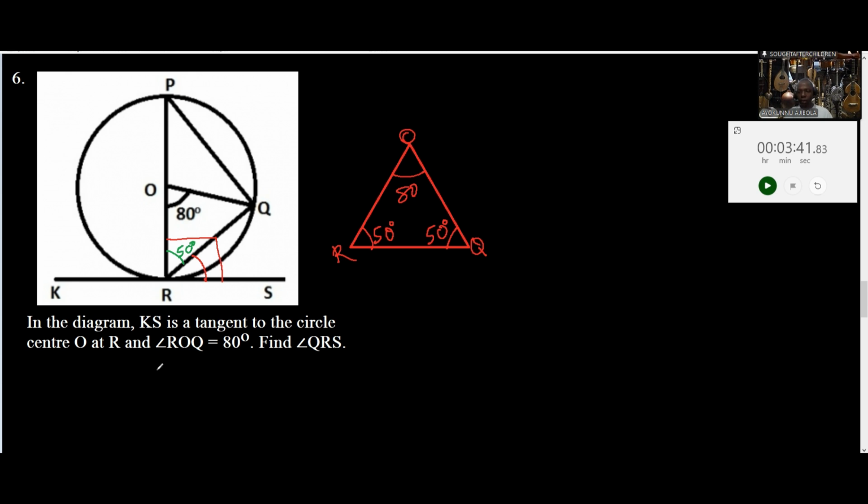So angle QRS is equal to 90 minus angle ORQ, which is 90 minus 50, which is 40 degrees. Is that clear?